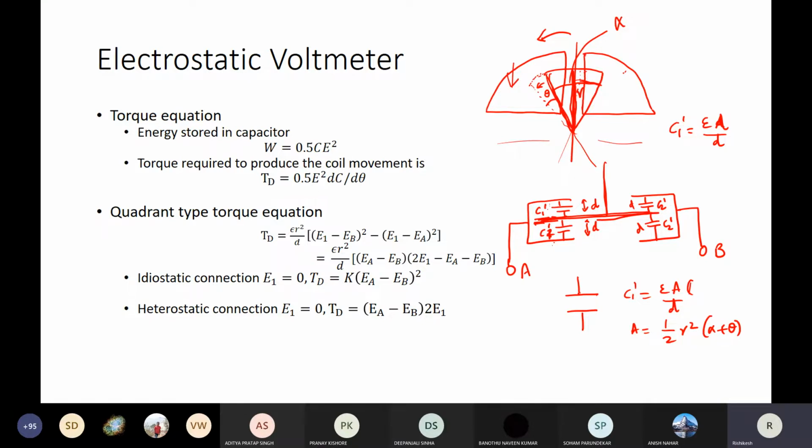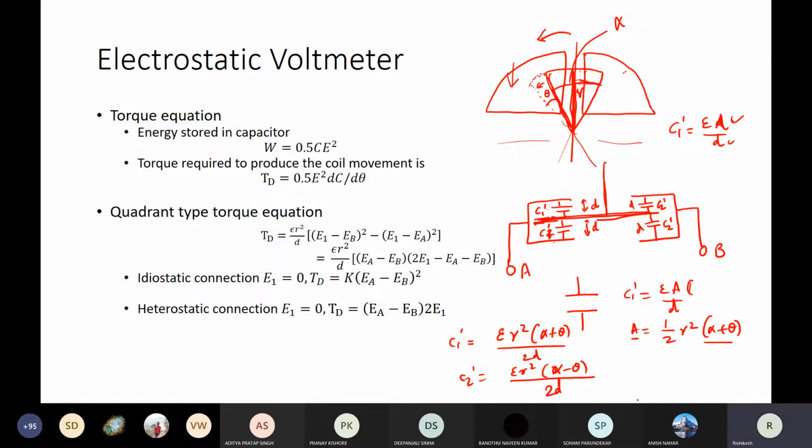Otherwise, when theta is 0, C1 dash and C2 dash are the same because A is the same, D is the same, and epsilon is the permittivity associated with the air medium. Now, this is A for C1. So C1 dash is epsilon r square (alpha plus theta) by 2D, and C2 dash is epsilon r square (alpha minus theta) by 2D.